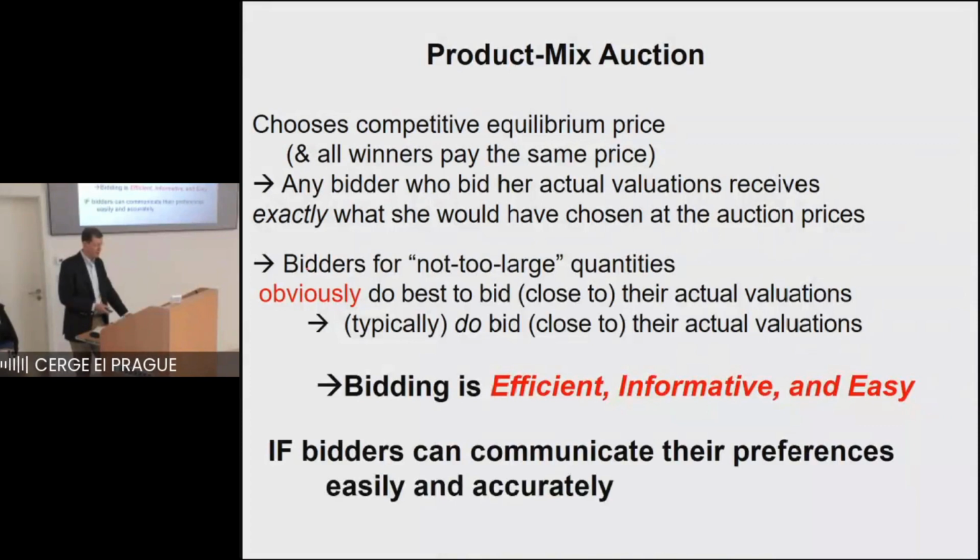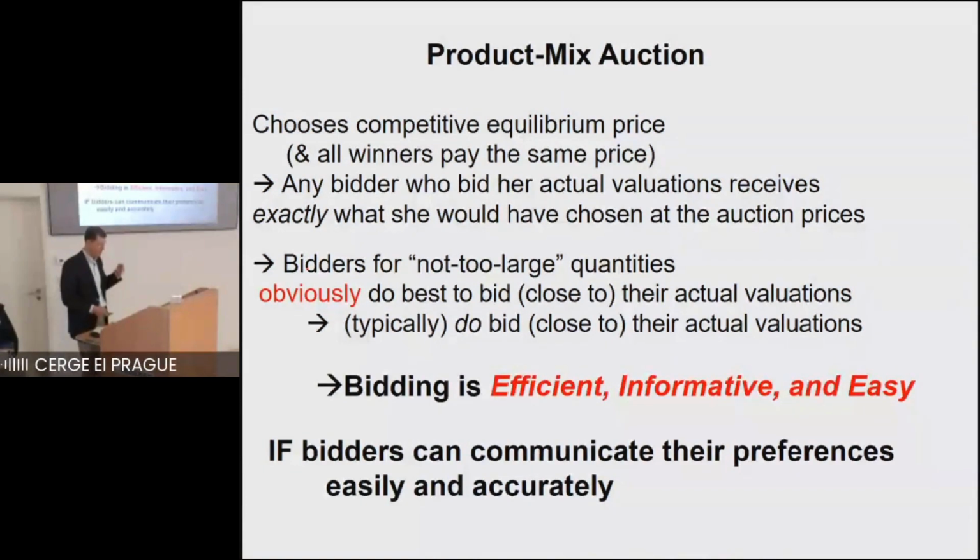The caveat is, of course, that bidders need to be able to communicate their preferences sufficiently easily and sufficiently accurately. And so the whole game here, and I'm using the word game in an informal sense because we're not doing game theory, the whole trick here is to give people a way of expressing their preferences which doesn't do enough violence to what their actual preferences are, so they can approximate their actual preferences comfortably and easily.